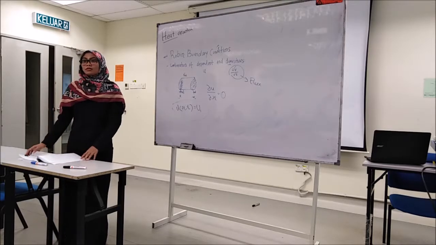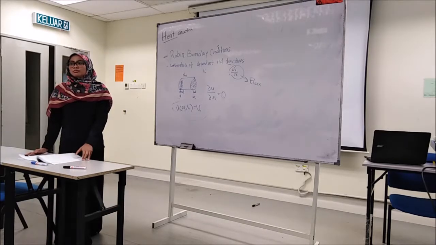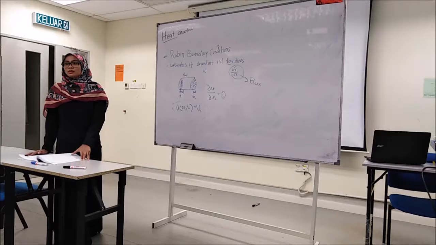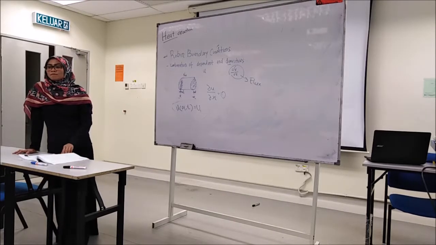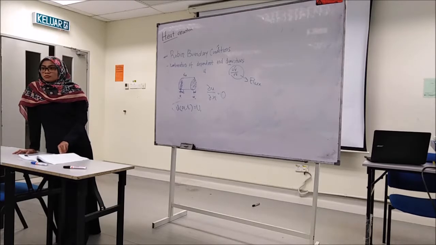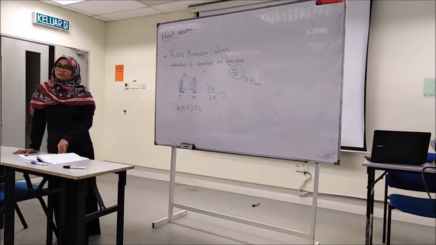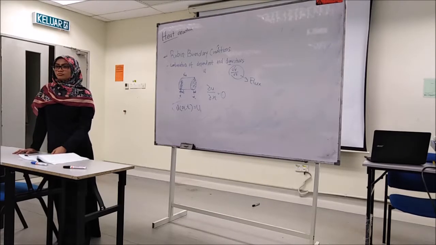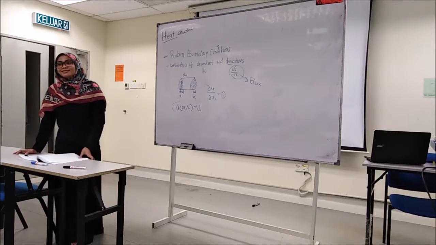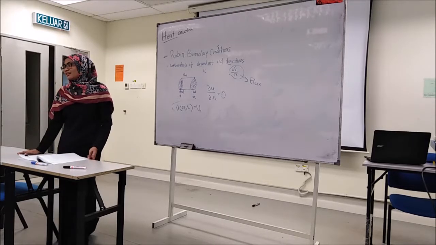By the way, for numerical calculations, the Neumann boundary conditions are not unique, and the Dirichlet is unique. So for the Neumann, even though it looks quite easy, in reality it is very hard to solve.